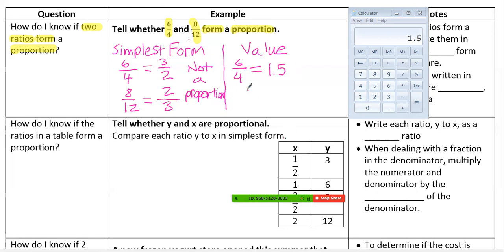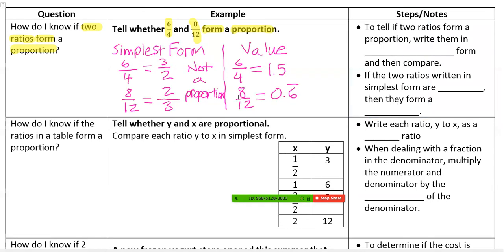And if you take 8/12 and you finish this division problem, 8 divided by 12, you get 0.6 repeating. And clearly you can see that 1 5/10 and 0.6 repeating are not equal, and therefore these are not going to be proportional. So it's kind of two different ways to do this, but typically we use simplest form.